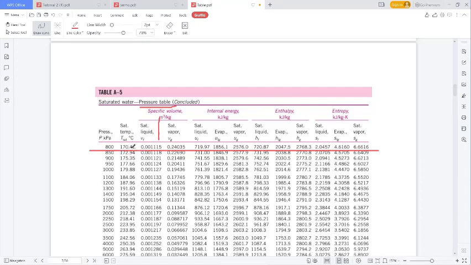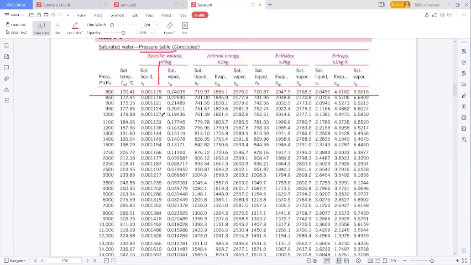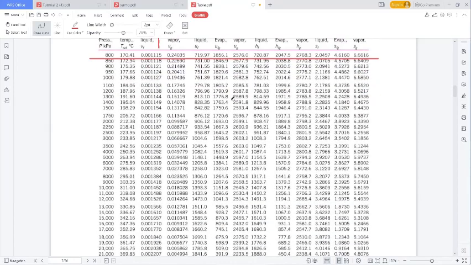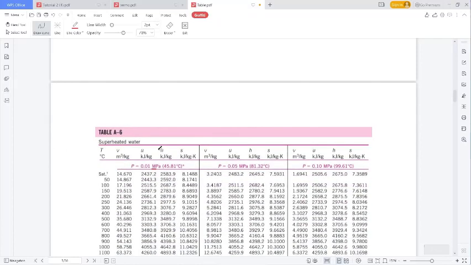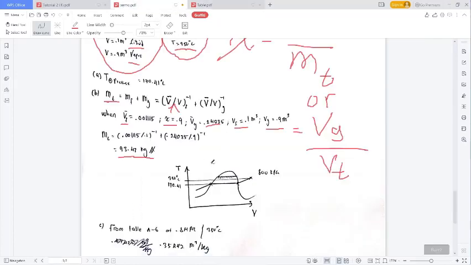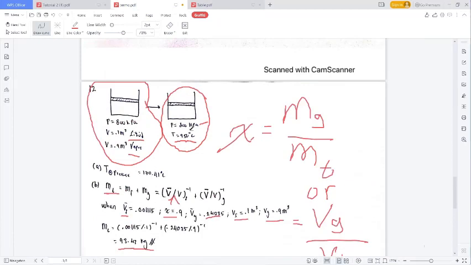So indeed, the water is not saturated. Since it has a higher temperature, this means the water at the second stage is superheated.